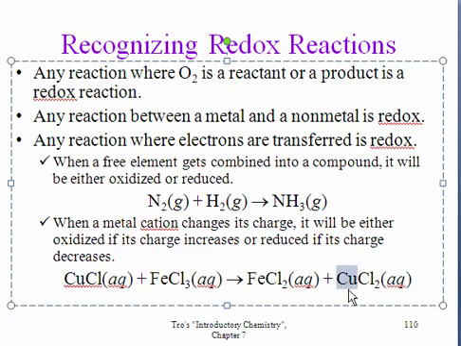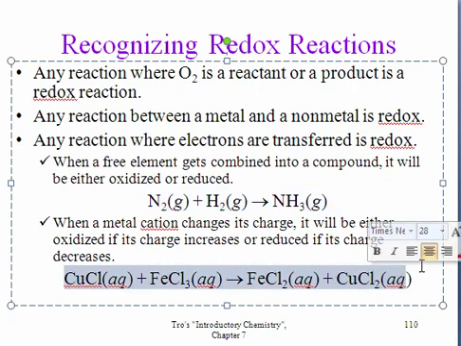It has lost an electron, so that means redox has occurred. Here, on the reactant side, iron has a +3 charge, and over here it has a +2. It has gained an electron, or it has gotten reduced. So, anytime you see oxygen, a metal or a nonmetal, anytime elements either react or are formed, and anytime something changes its charge, redox has occurred.